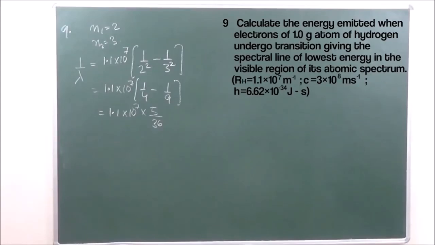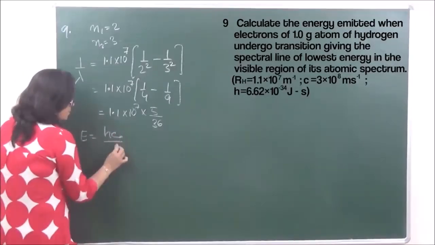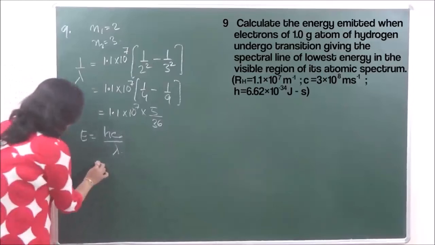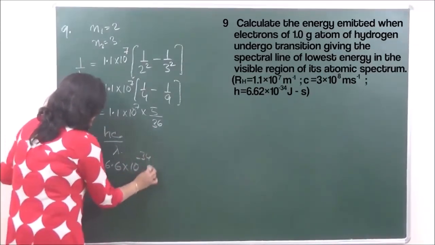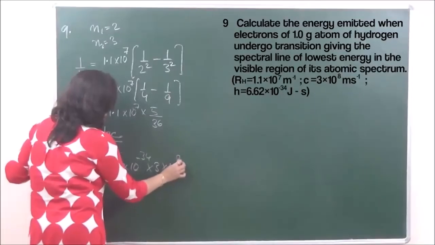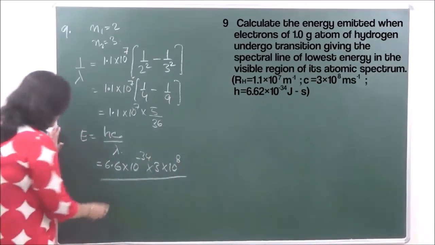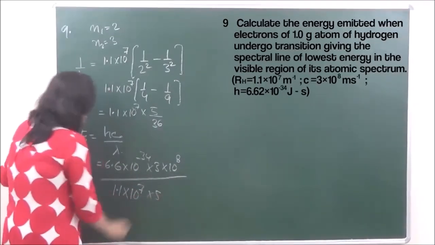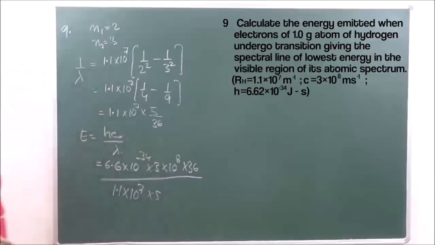We need to calculate the energy. So energy is going to be equal to hc upon lambda. Lambda is this. The value of h is 6.6 into 10 raised to power minus 34 into 3 into 10 raised to power 8 upon 1.1 into 10 raised to power 7 into 5 upon 36. Okay?